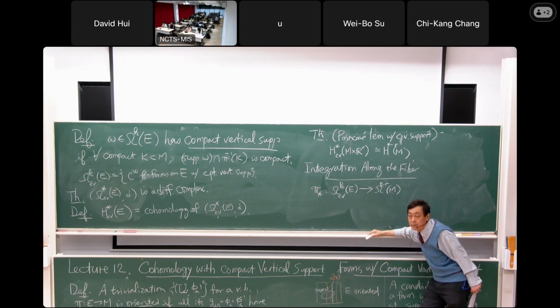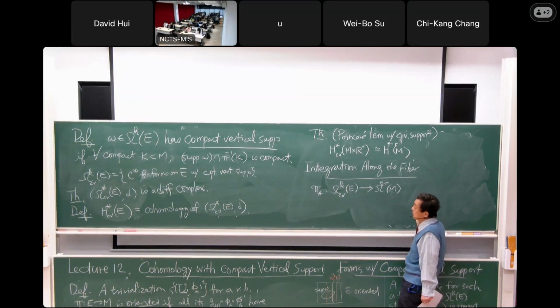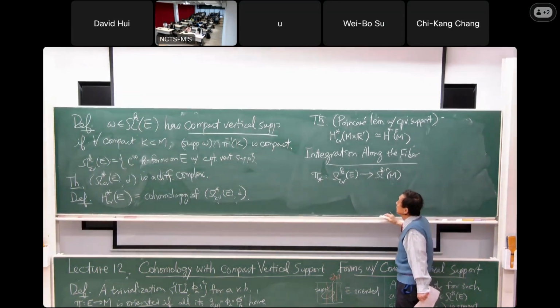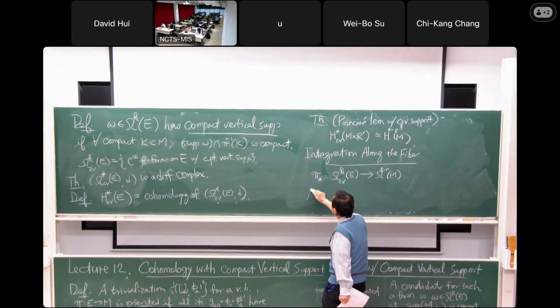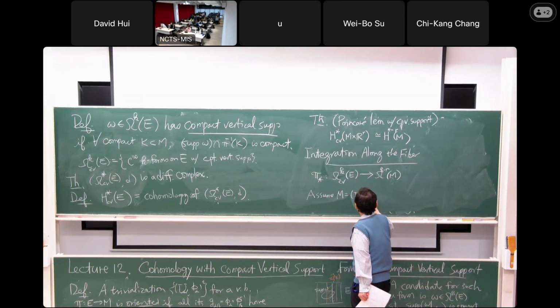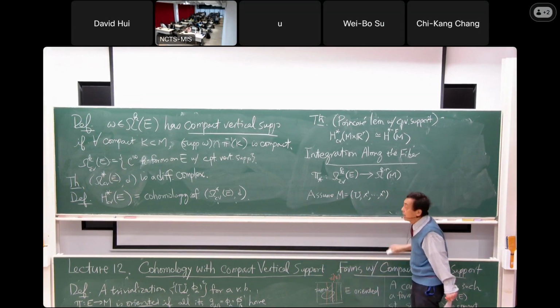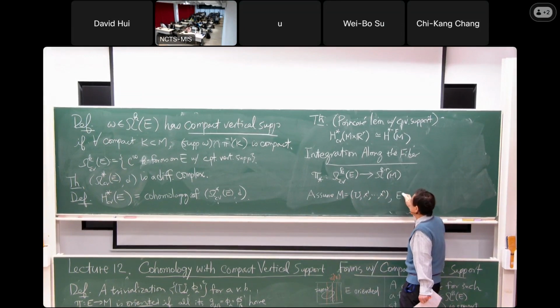And so let's first do it for a product where M is just a coordinate chart. Okay, so let's now assume M is a chart and then E is just the product.